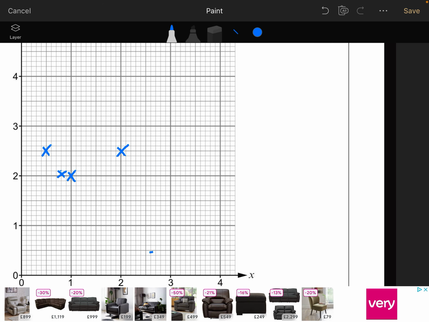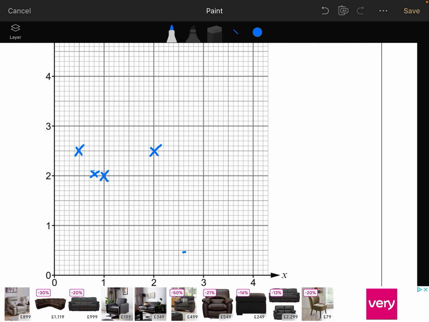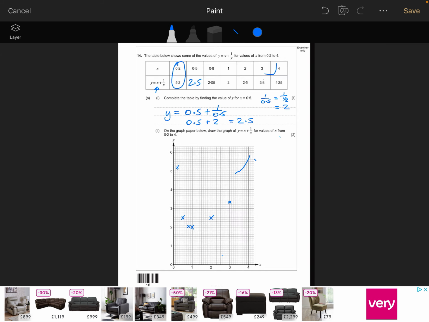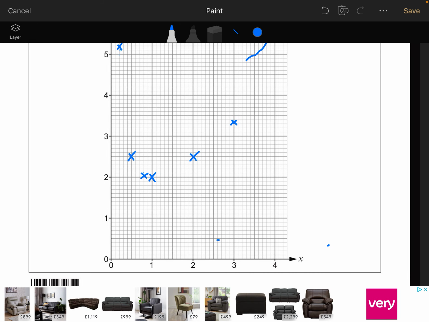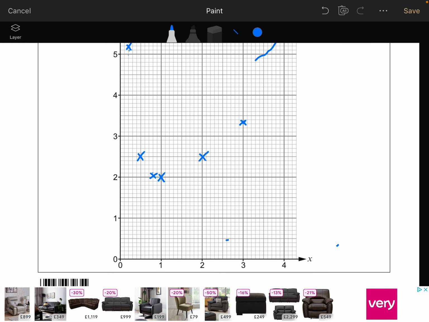It's got a dot on it. 3.3 is about there, isn't it? Just slightly above 3.3 is 3.3 recurring. And then we've got 4 and 4.25. It's there, halfway between 4 and 4.5.